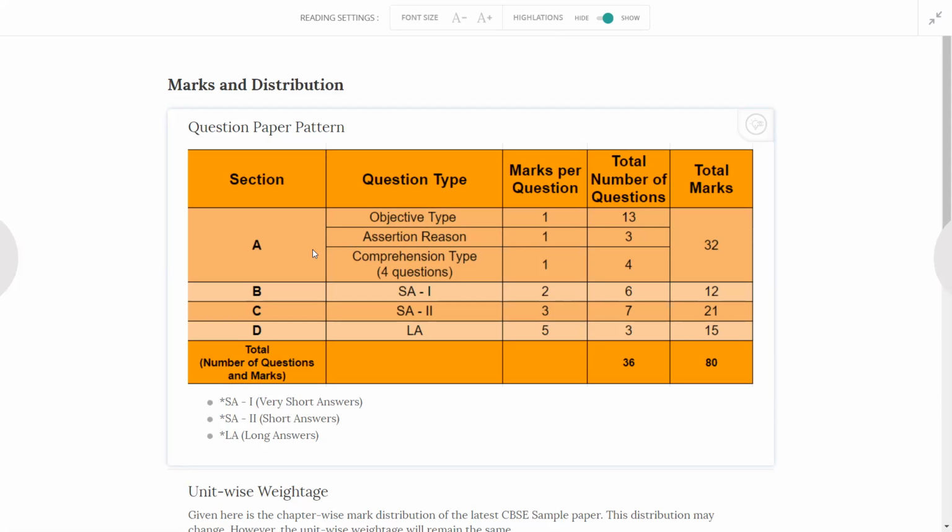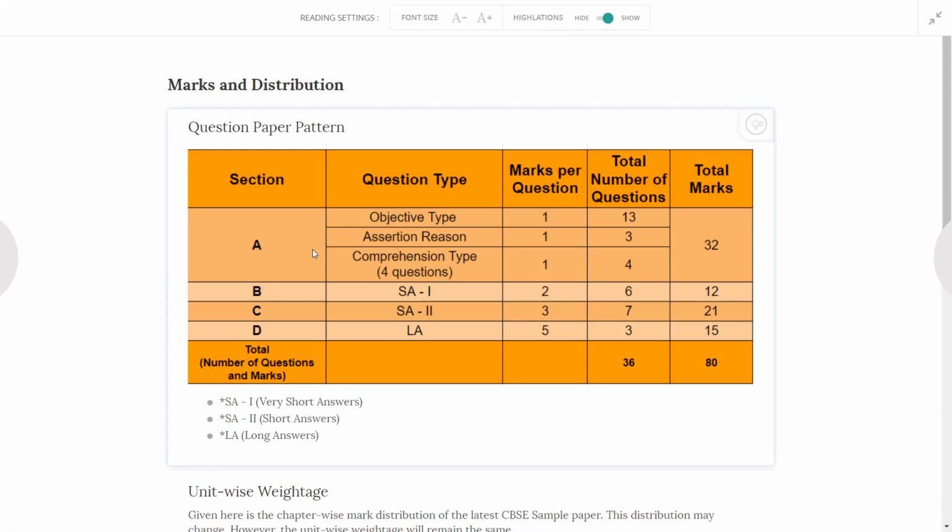Next is the comprehension type. Comprehension type is a new type of question which has been introduced for this year. In this type, you'll be given a passage. You would have seen these types of questions in your language papers.